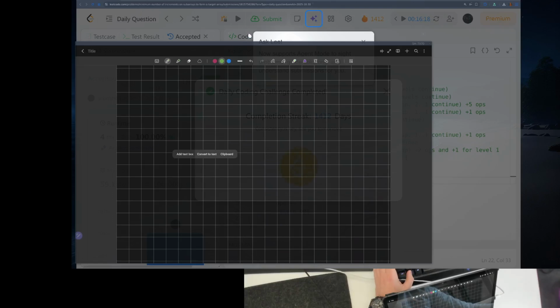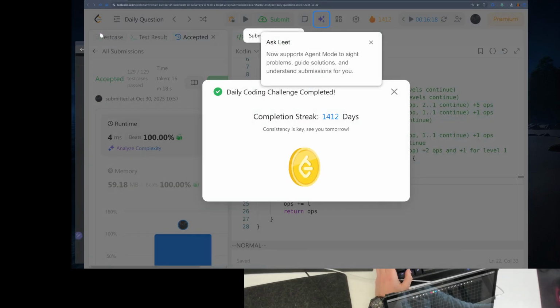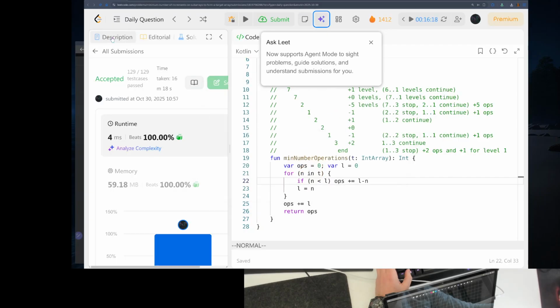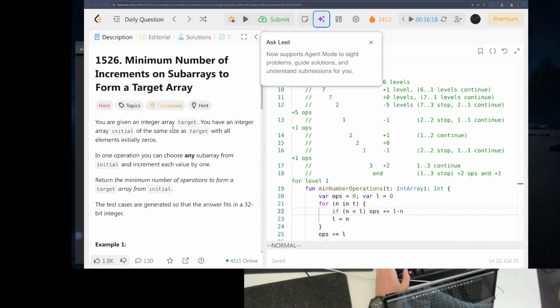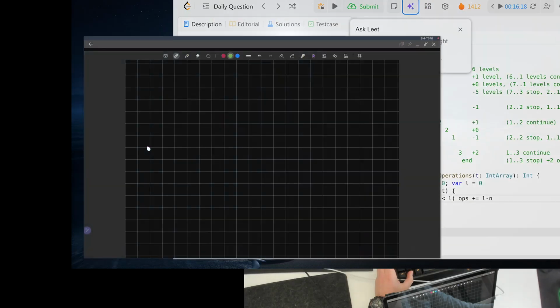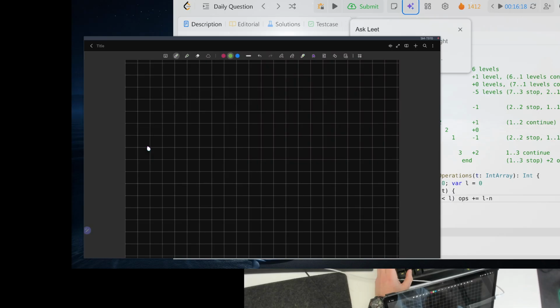Okay, today's problem is marked as hard. Let's look at the description. We have a list of numbers and they represent some operations. Let's consider an example like this.